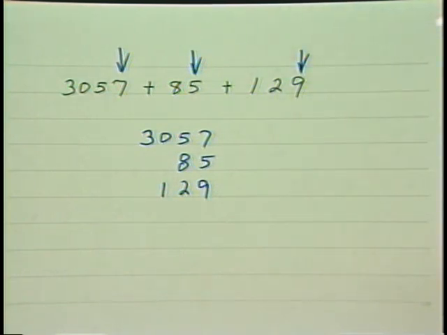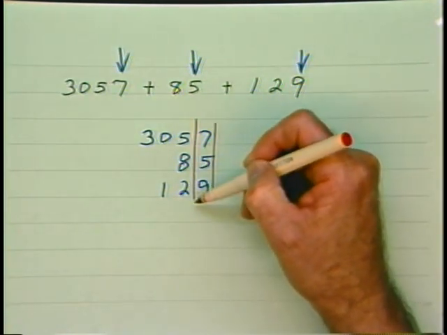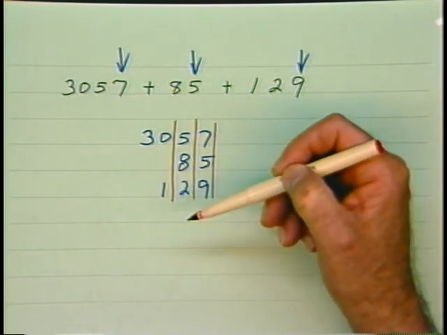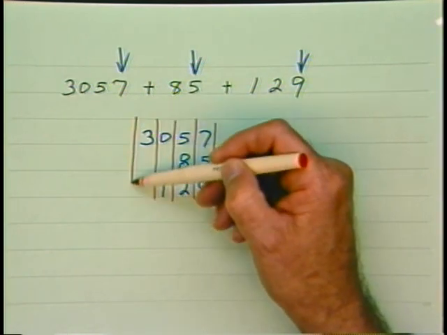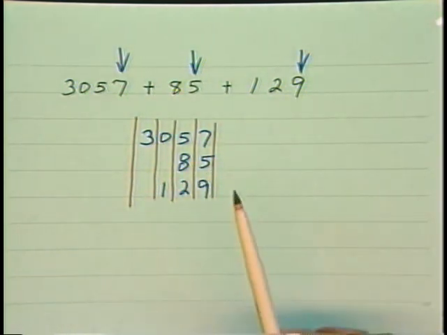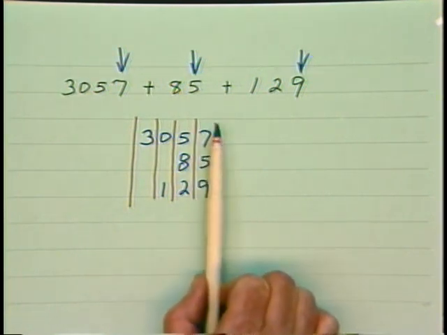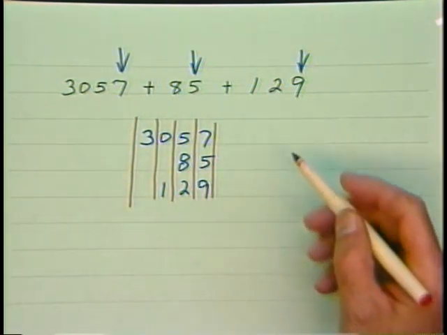And now I hope you're beginning to realize it's not just the right ends we want lined up. We want all the units in a line and all the tens in a line and all the hundreds and all the thousands. So in fact it was not the ends we wanted lined up. That's just to help us get started writing. It's the place values we want lined up.